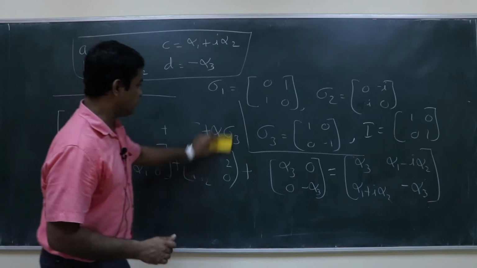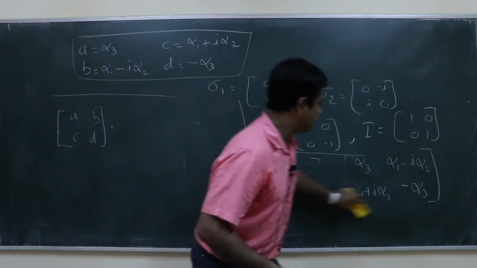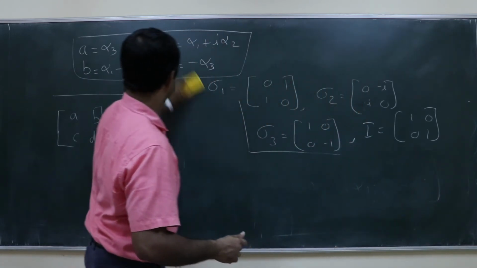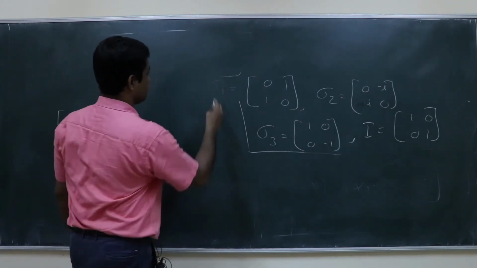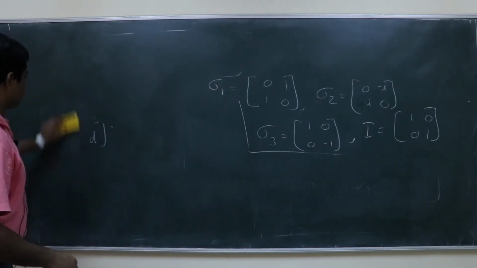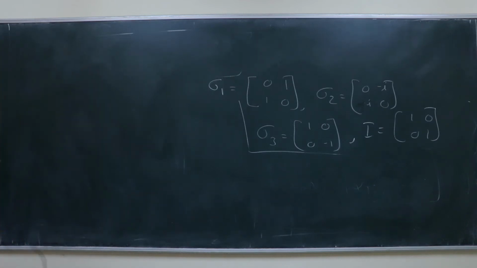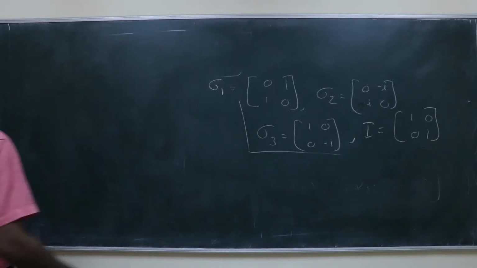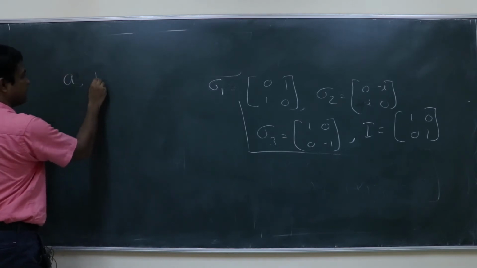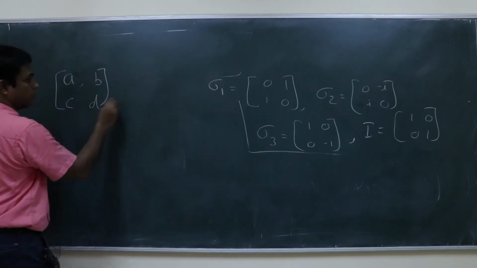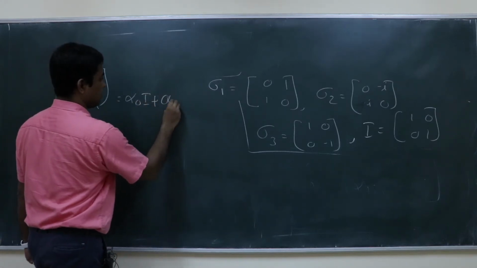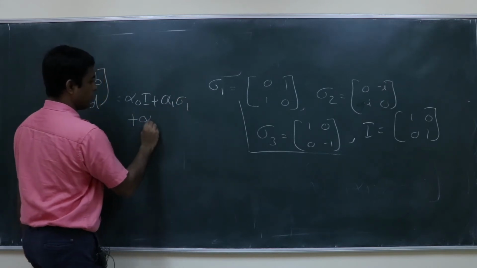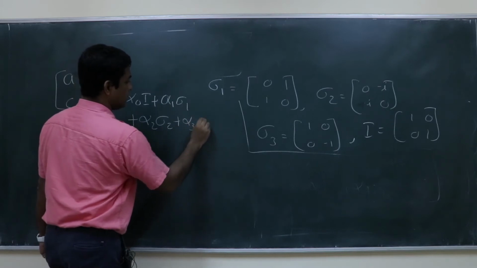Okay, so now I write down. Take any matrix A, B, C, D. Now I write alpha 0 I plus alpha 1 sigma 1 plus alpha 2 sigma 2 plus alpha 3 sigma 3.